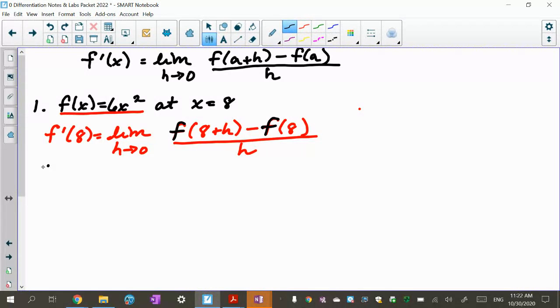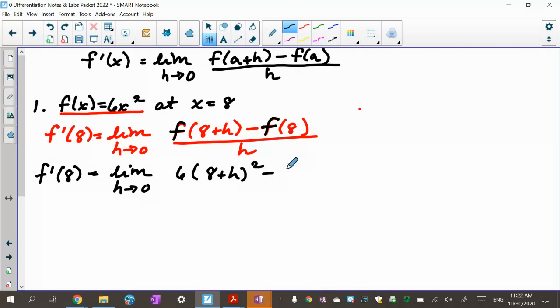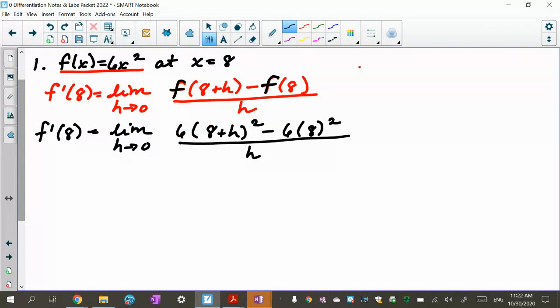So f prime of 8 is the limit as h approaches 0 of 6 times 8 plus h squared minus 6 times 8 squared, all over h. As long as you do that, you have done all the calculus part. The rest of this is just algebra, and we're going to keep going using some of what we've learned already.